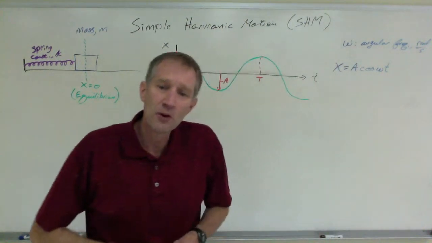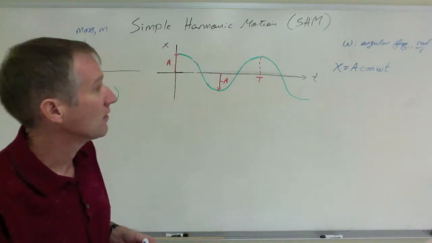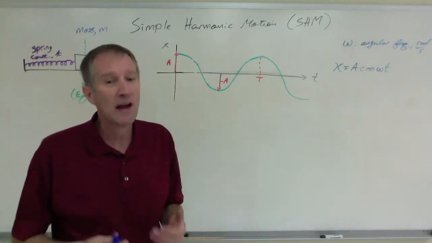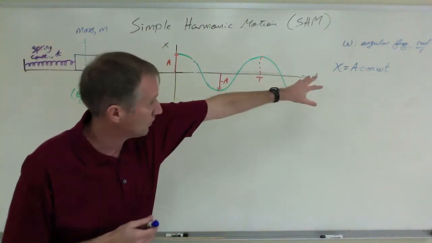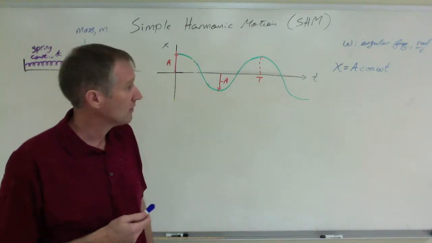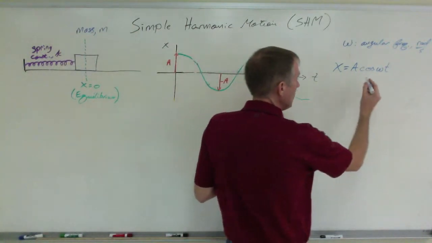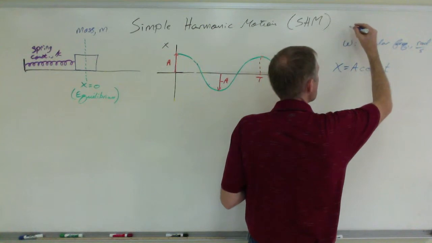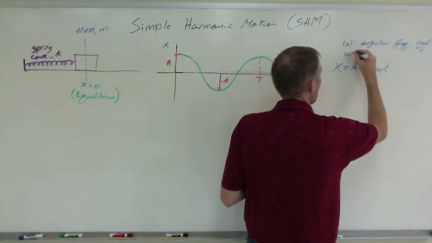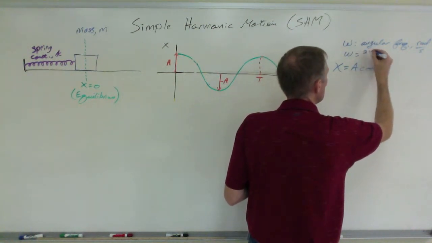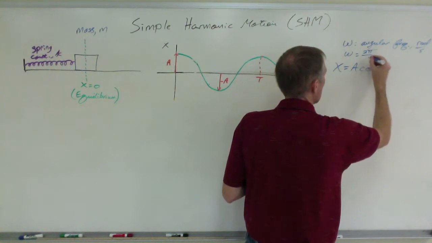So be careful, you have to be in radians, not degrees, when you're dealing with these equations. Now, one other thing, I want you to remember that omega is 2 pi all over the period.